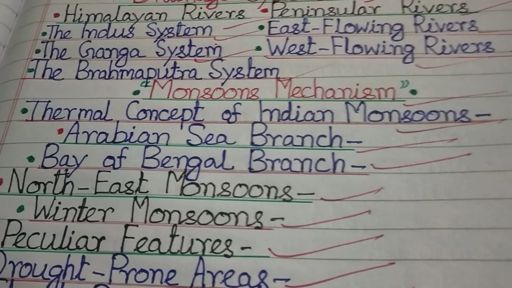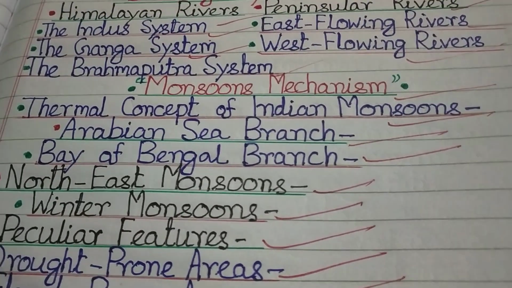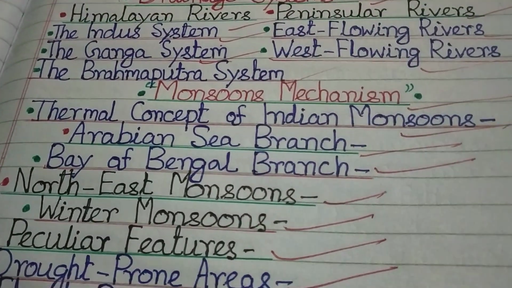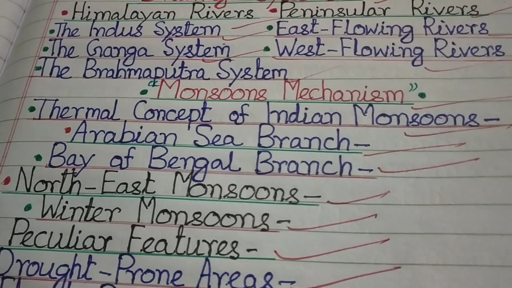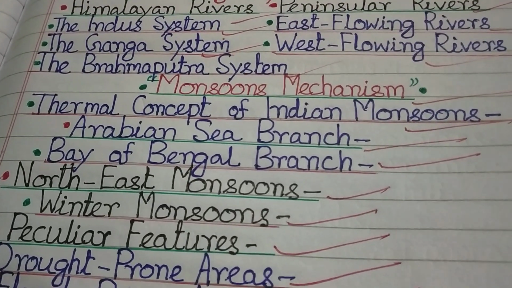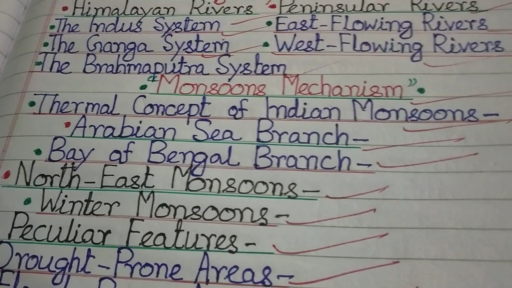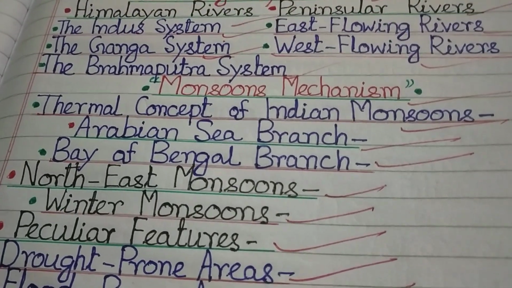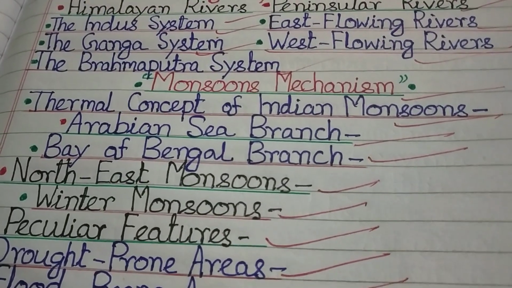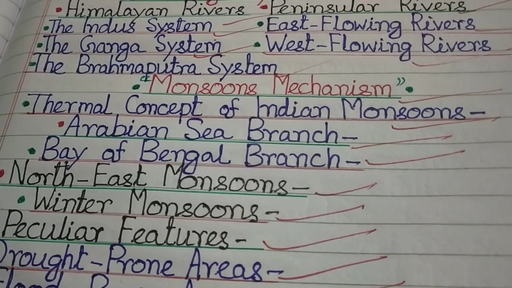The Yamuna is the most important tributary of the Ganga and it rises at the Yamunotri Glacier in the Uttarakhand Himalayas. From its source up to Allahabad, where it meets the Ganga, the Yamuna's length is 1,376 kilometers and it drains an area of around 3,59,000 square kilometers.